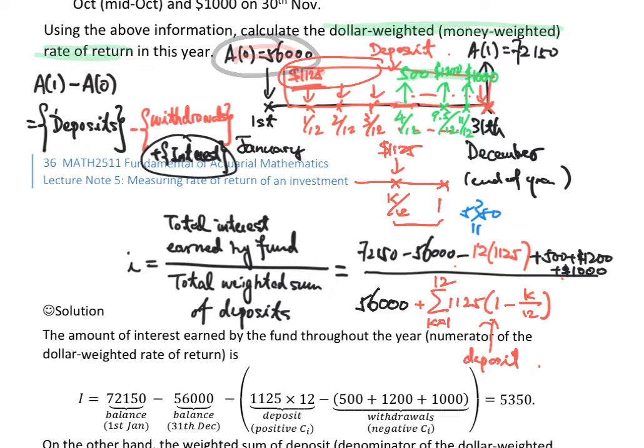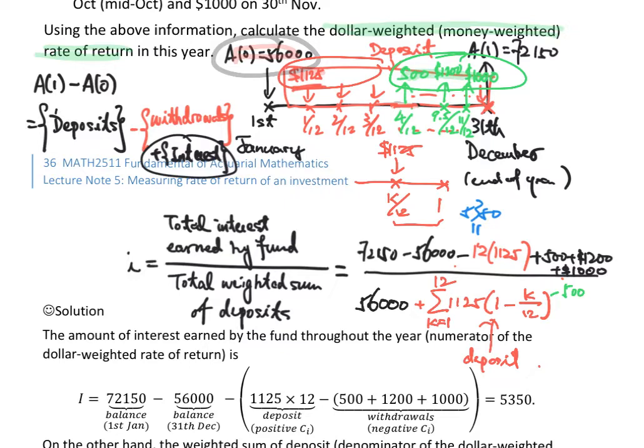And finally, of course, you also have the withdrawal as well, because it also affects your account balance, right? In the context of the withdrawal, it will be considered as the negative C. So for each withdrawal, you multiply this amount by the time it stays in the account.